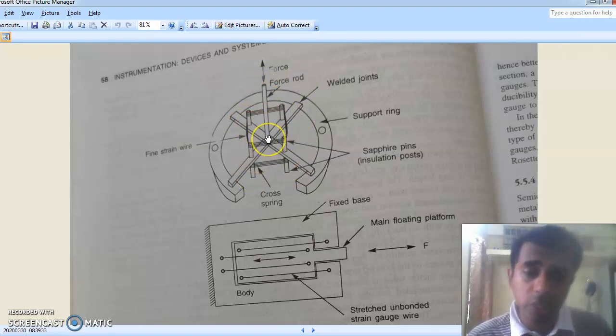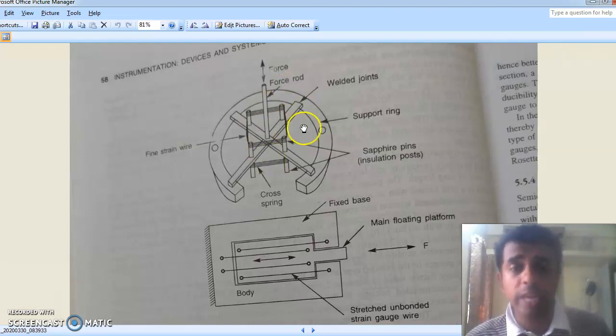So the strain on the specimen will be given to the strain wires. They will pick up the strain directly from the specimen without any backing material. That is why they are called unbonded. They have no bonding to any backing material. They directly take the force from the specimen to the wires.